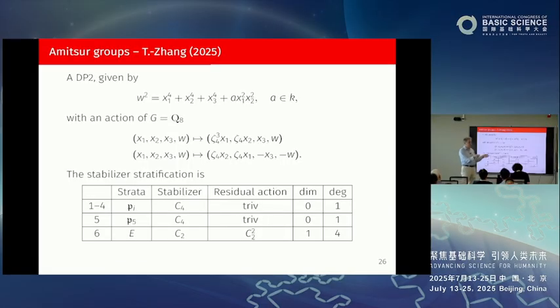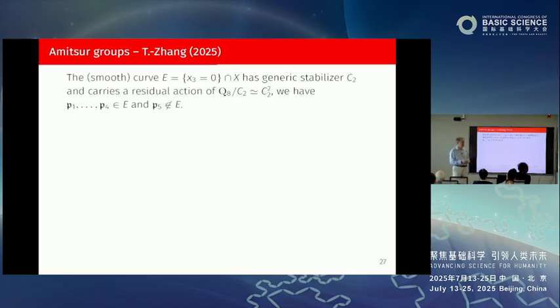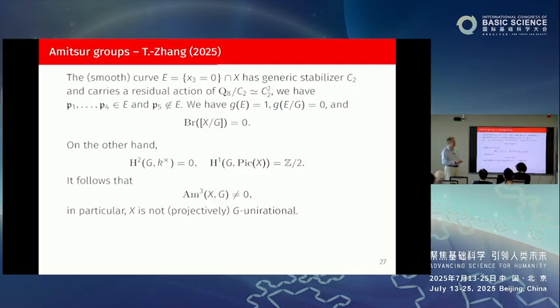So the obvious obstruction to unirationality goes away. Of course, every abelian subgroup of Q8 is cyclic, and cyclic actions on smooth projective rational varieties have fixed points. So, well, how do we know that there is an obstruction? Well, we look at the stabilizer stratification. There is some elliptic curve. We compute the Brauer group of the quotient stack.